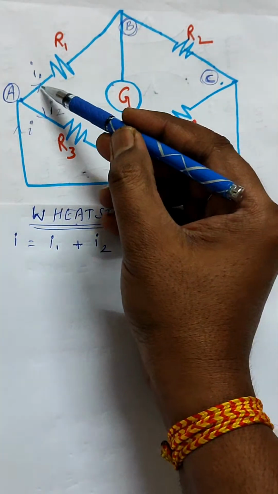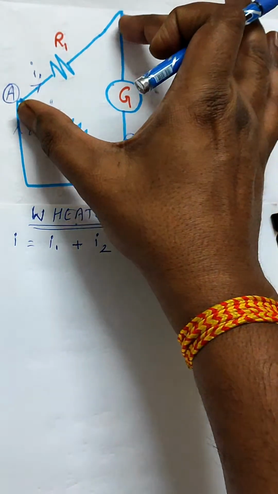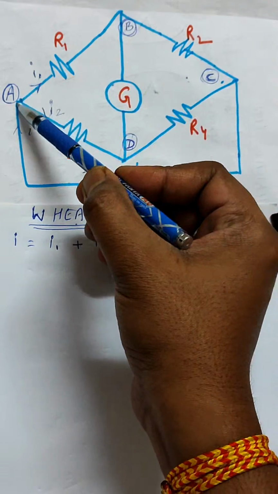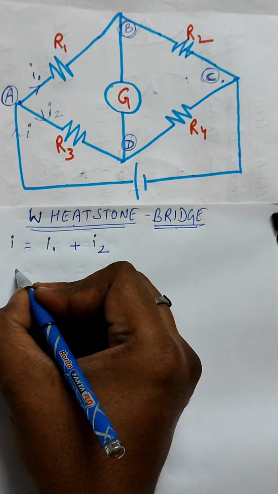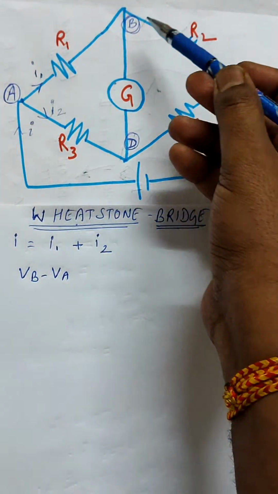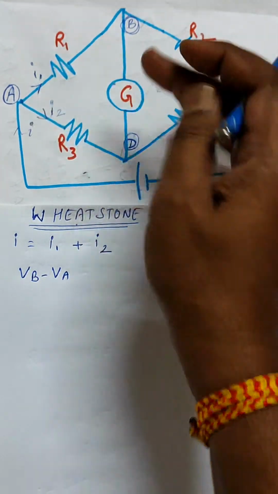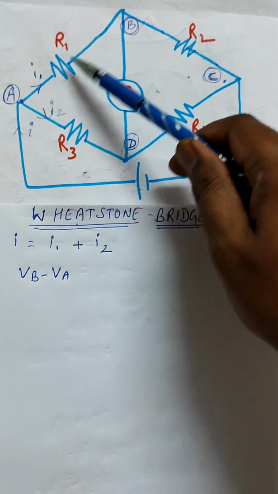Then you can see the potential difference generated across R1 is VB minus VA. So VB minus VA, that means the voltage at this point and the voltage at this point, when subtracted, gives you the potential difference across this branch.